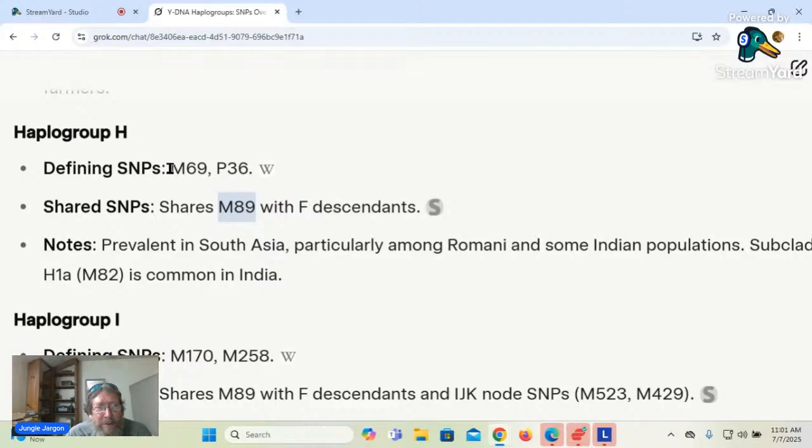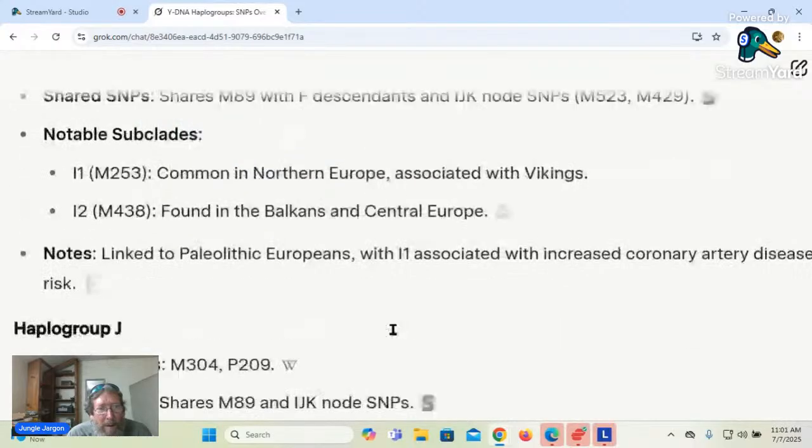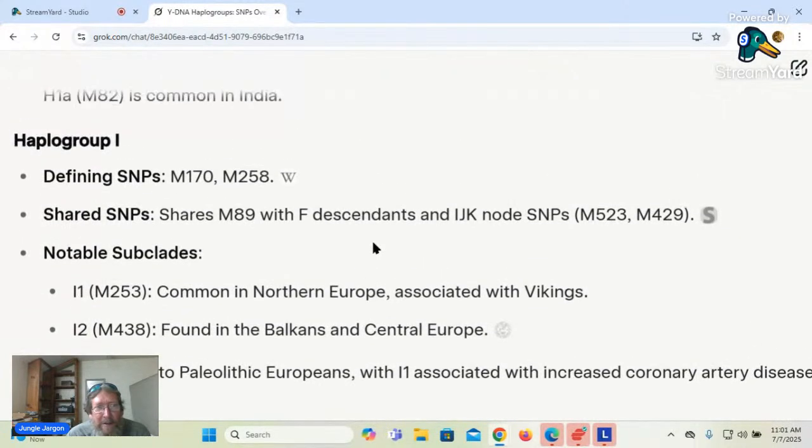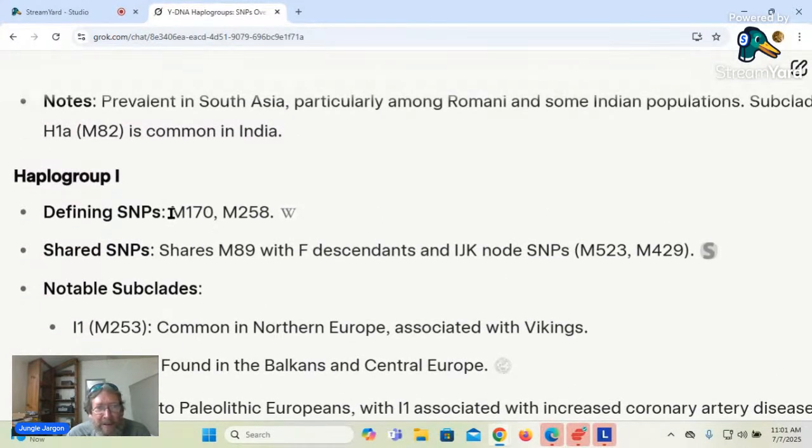And of course, these markers are their own markers. So these are the markers of the I. These are the markers of the J. And everything is downstream from there, from the J, in the J lineage. And in the I lineage, everything's downstream from M170, which is my lineage right there.